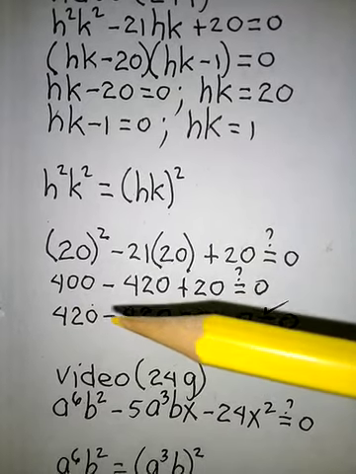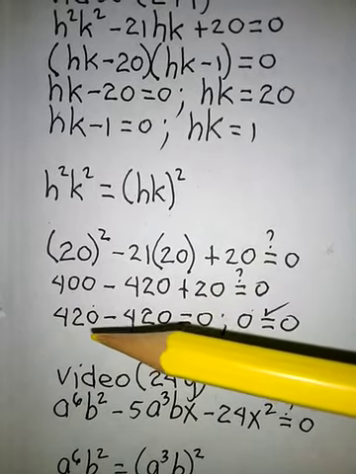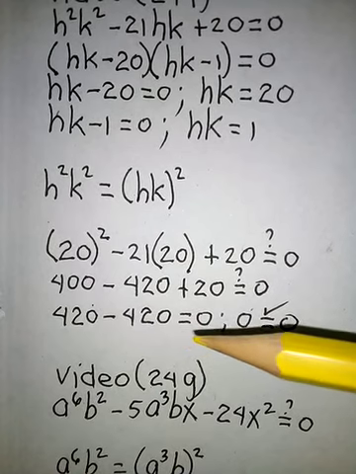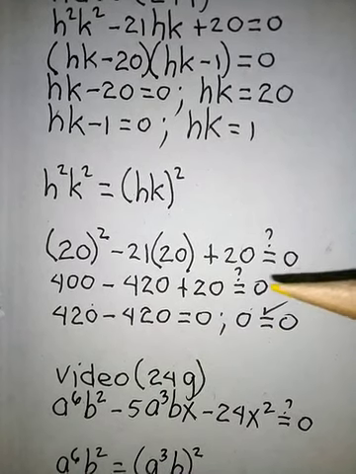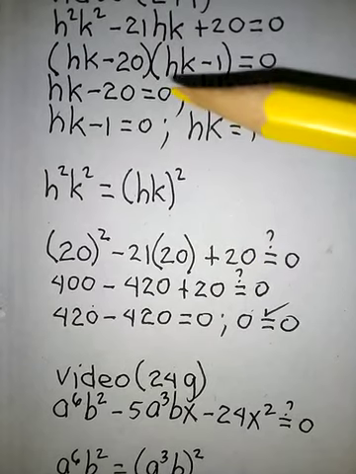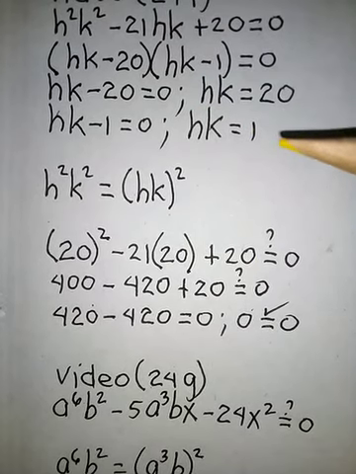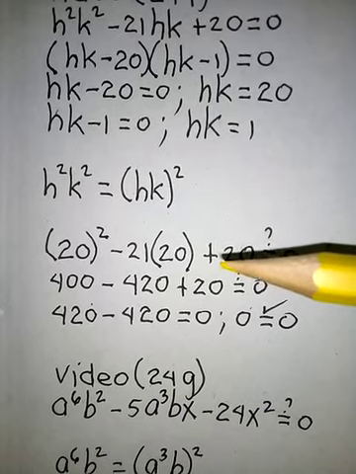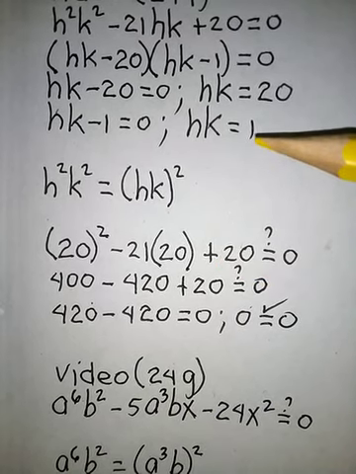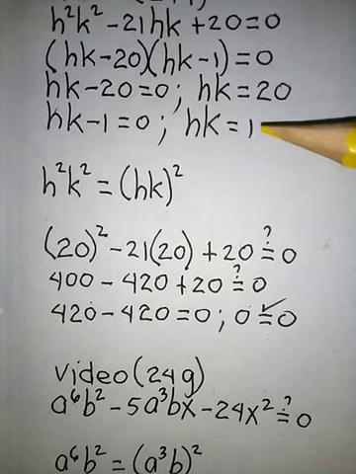So, we have 400 plus 20 is 420 minus 420 is equal to 0. So, therefore, 0 is equal to 0. That means our factor hk minus 20 is correct. I will leave to you the checking for the other value, which is hk is equal to 1.